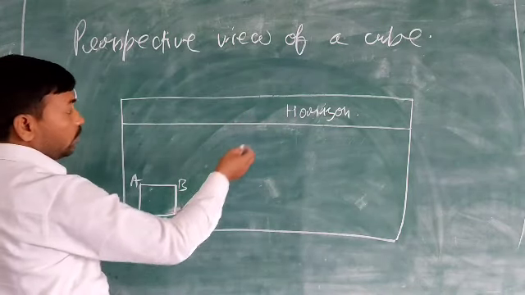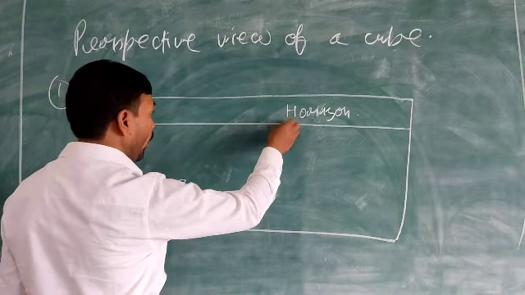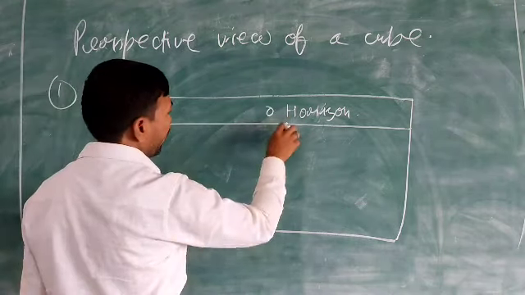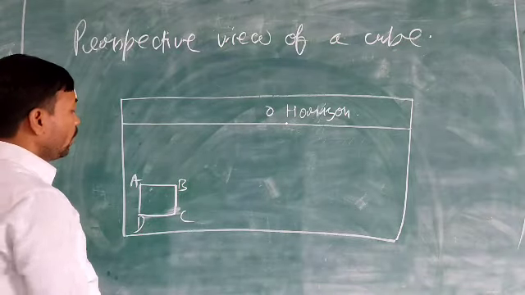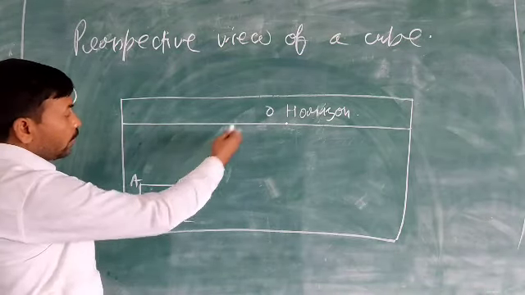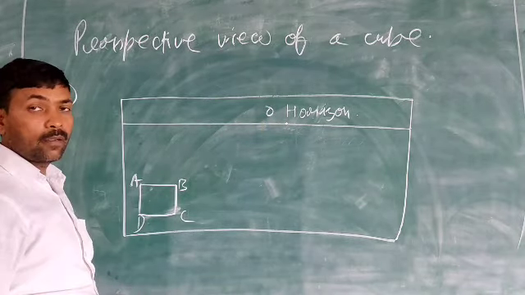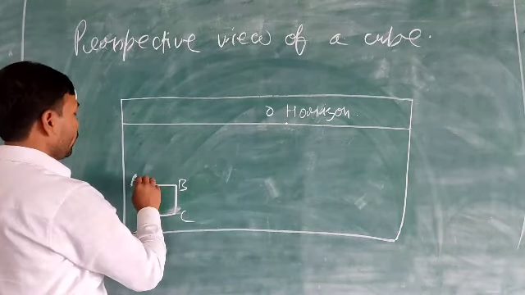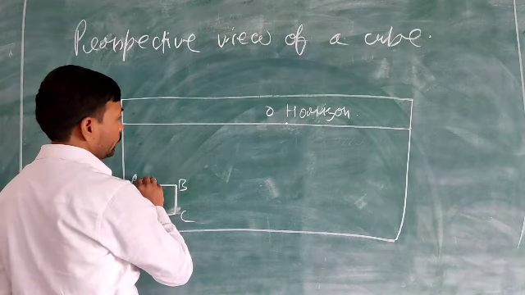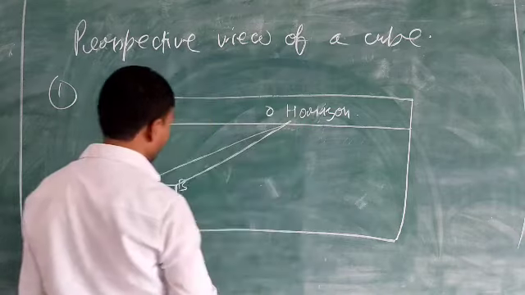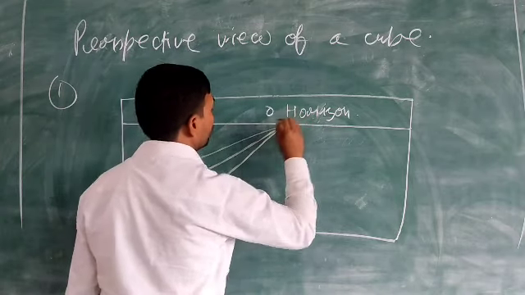And you mention a point that is known as the vanishing point, and suppose we name it O. And after that we have to join the front corners to that point with a scale and pencil. So now we have to join this corner, this corner and this corner.